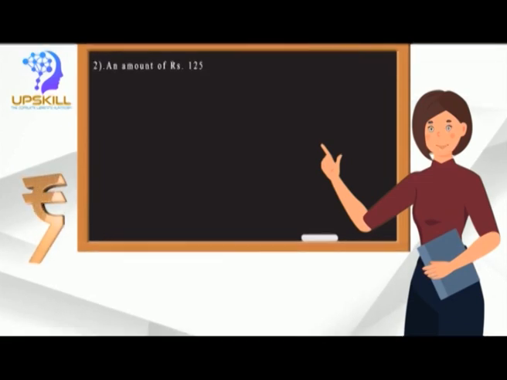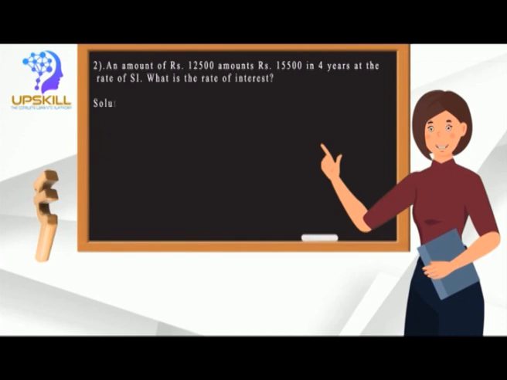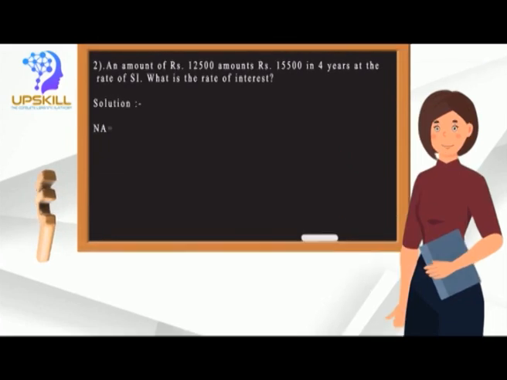Now, the second question. A sum of rupees 12,500 amounts to rupees 15,500 in 4 years at simple interest. What is the rate of interest? So, we know that new amount is equal to old amount plus interest.